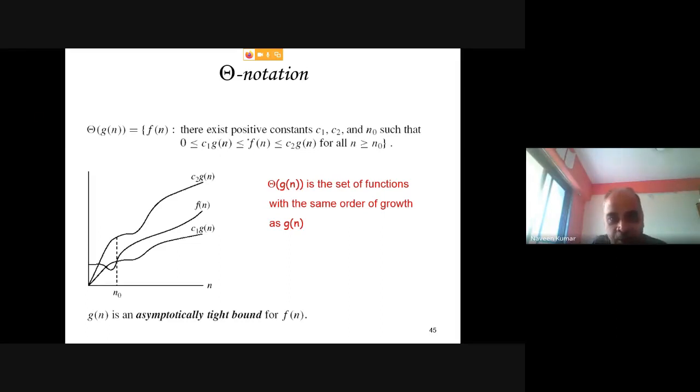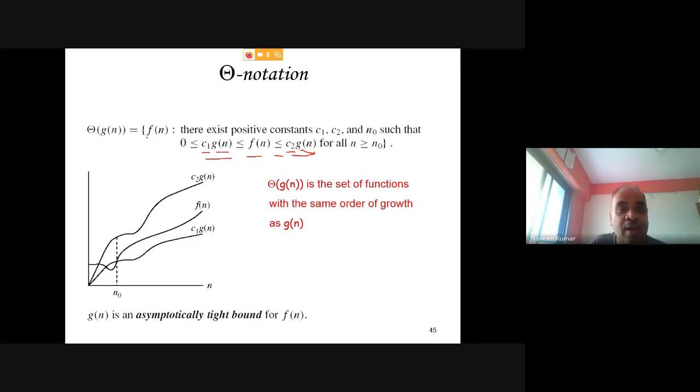So this function fn is less than or equal to c2 gn and greater than or equal to c1 gn. We take two different constants, c1 here and c2 here. The function gn is the same on both sides, but the constants are different. You cannot make the same constant here, and the function should be the same.